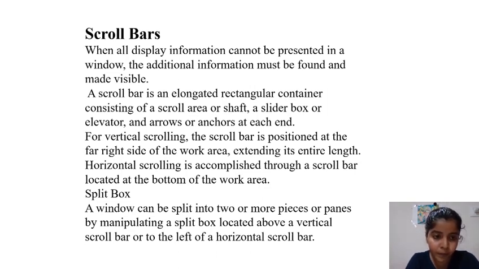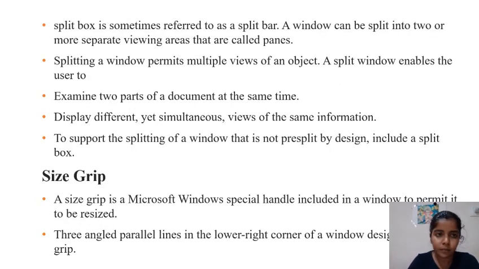Split box. A window can be split into two or more pieces and panes by manipulating the split box located above the vertical scroll bar or to the left of the horizontal scroll bar. Split box is sometimes referred to as a split bar, and the window can be split into two or more separate view areas that can be called panes.